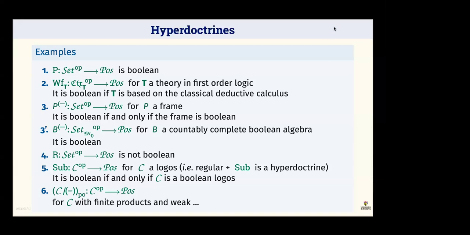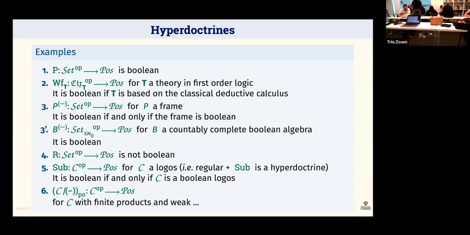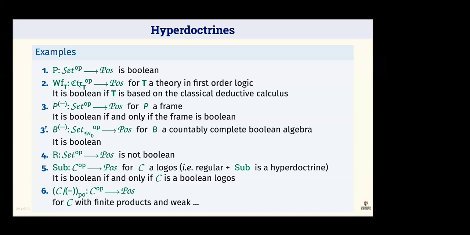Valeria. Pino, a quick question, which is very much the question that I asked Jacopo when he talked about similar things. Everything that you talked about depends on products on the base category. Yes. I wanted to do a linear version, so I don't want to have a real product.